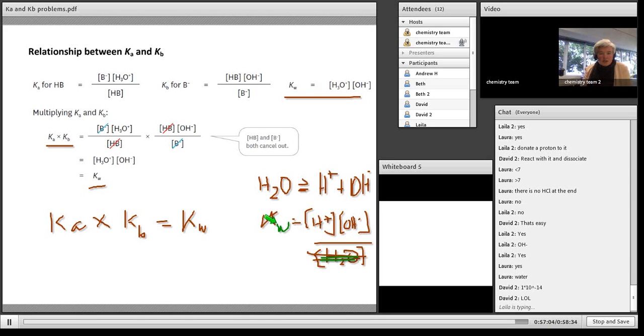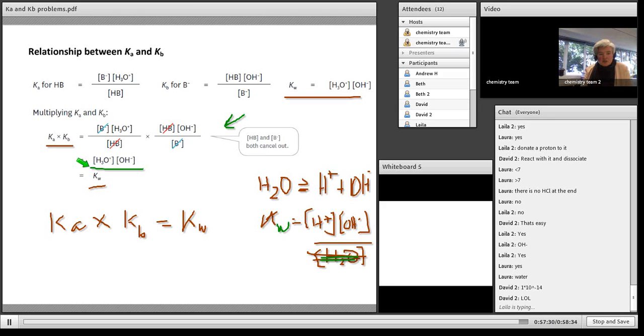And what I've tried to show here explains how we can get the Ka, so I hope this makes sense. If we worked out the Ka and we worked out the Kb, you should then be able to get everything cancelling except for the hydronium and the hydroxide, and that gives us our Kw.